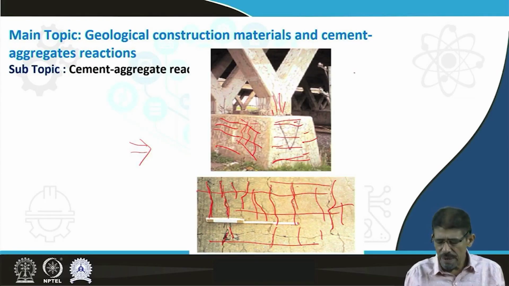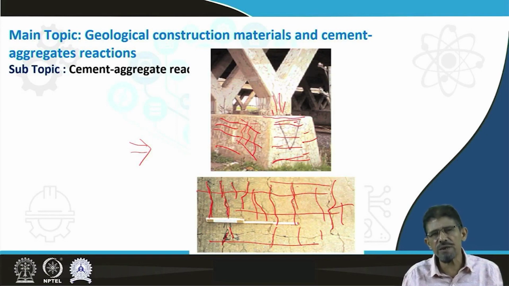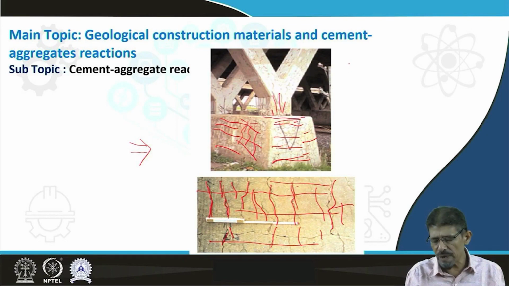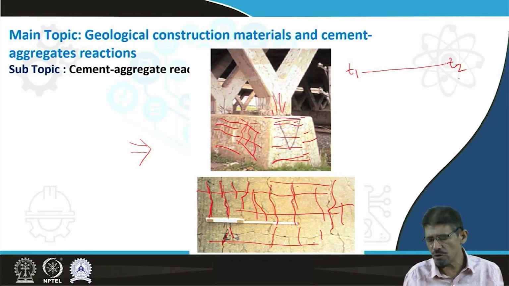It means initially these features were not present in the concrete. With respect to time, suppose at time T1 it was not present, but gradually, slowly after a considerable time gap up to T2, delta T is a lag in terms of 10 years, 15 years.